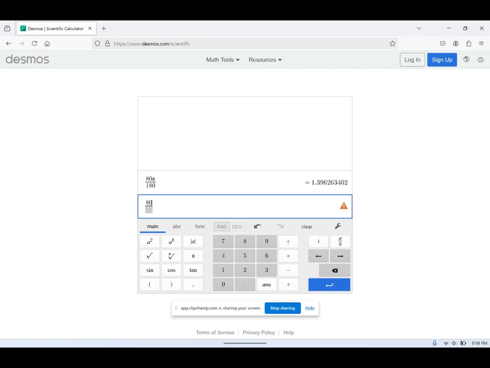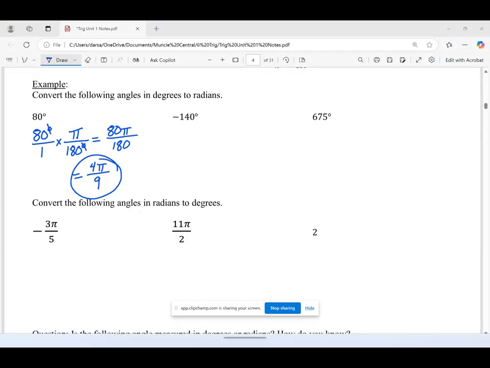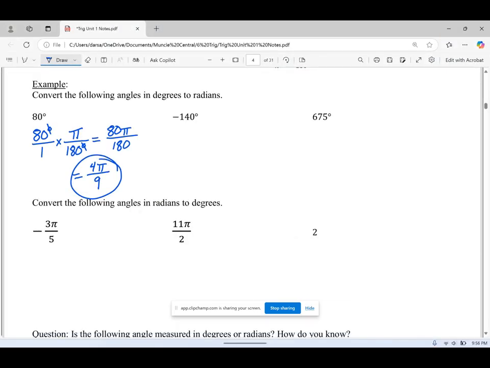So we're going to do 80 over 180. Then we're going to come over here to the right, and do you see this little fraction looking thing? This is going to convert the decimal answer 0.444444 repeating into the fraction 4/9. And now we just got to remember, oh yeah, there was a pi there, and we get 4 pi over 9. So even if you're at home, you can do this problem on a calculator.